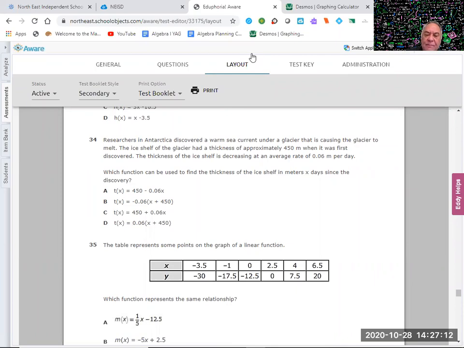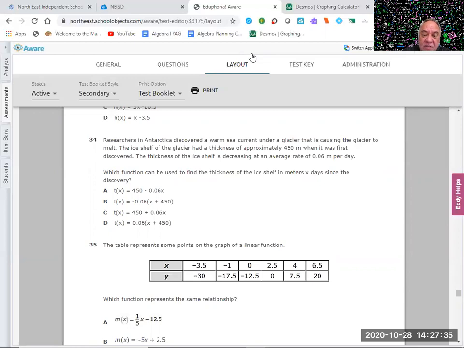Remember that the y-intercept is the starting point, and the slope, if something is growing, then it's positive. If it's getting smaller, then it's a negative slope. So this says researchers in Antarctica discovered a warm sea current under a glacier that is causing the glacier to melt.